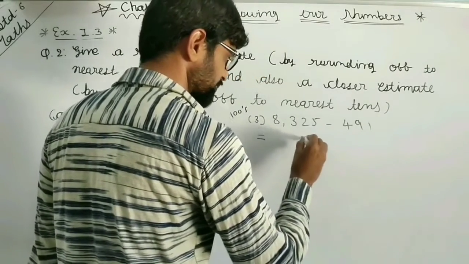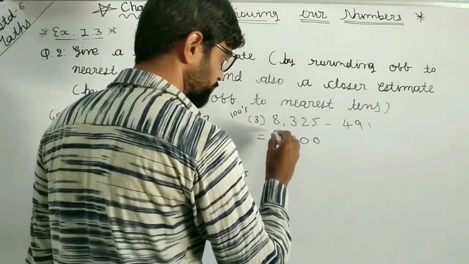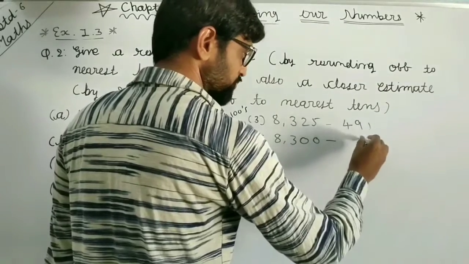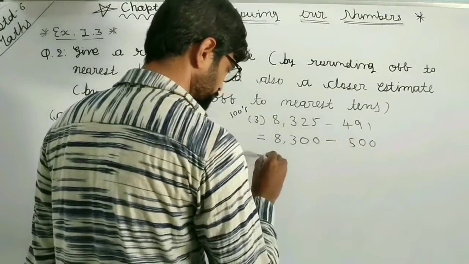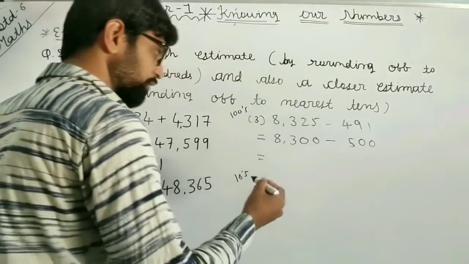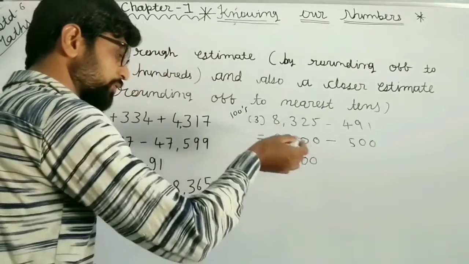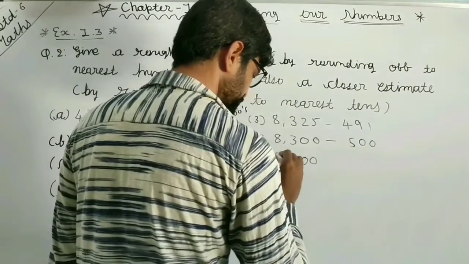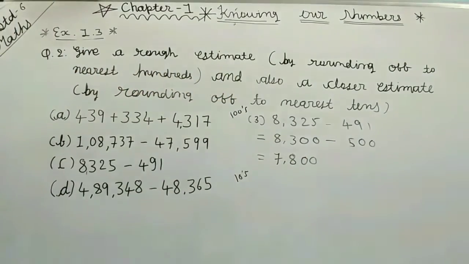As per the nearest 100, 2 zeros, 3 as it is because after it is 2, 8 remains the same. 4, 2 zeros, 4 plus 1 because 9 is given. Now subtract the amount. 2 zeros. 3 minus 5 is not possible. Then borrow. 13 minus 5 is equal to 8. Here 7. So your answer will be 7,800.